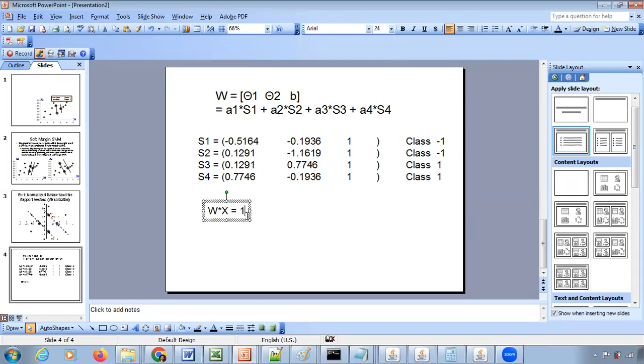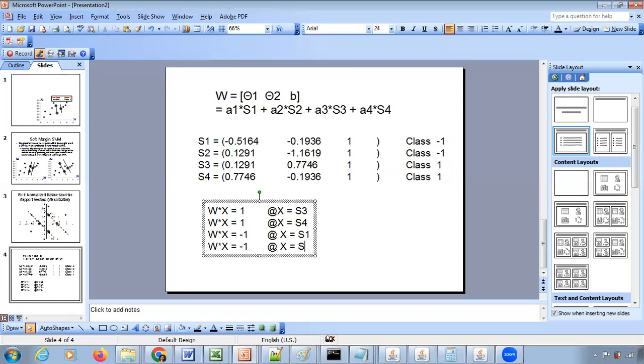W times X equals 1 at both support vectors S3 and S4. So when X equals S3, W times X should equal 1, and W times X should equal 1 at X equals S4. Then W times X equals -1 at X equals S1, and W times X equals -1 at X equals S2.